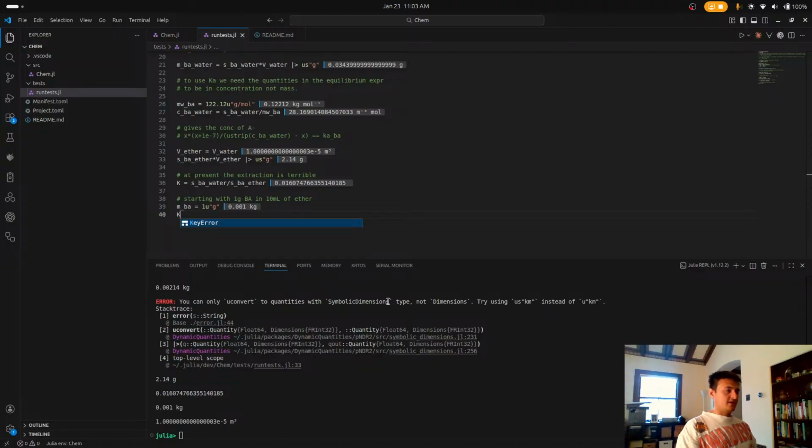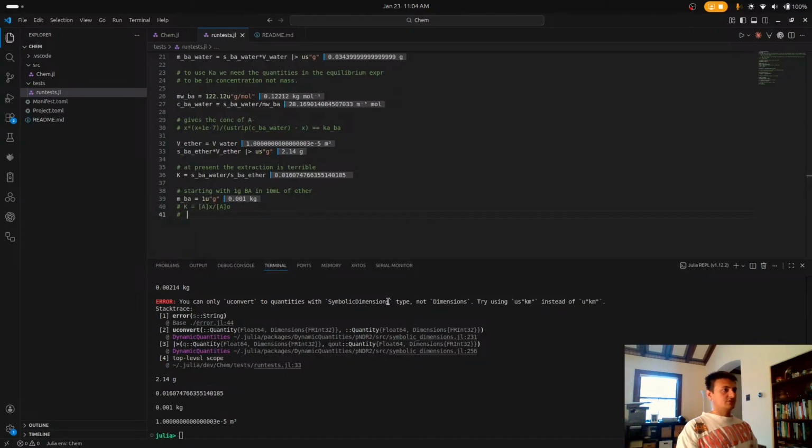So what we know is K. K is going to be equal to the concentration of A in X over the concentration of A in O, which is going to be equal to the moles, you could do grams too, grams in X over Vx times VO over GO.